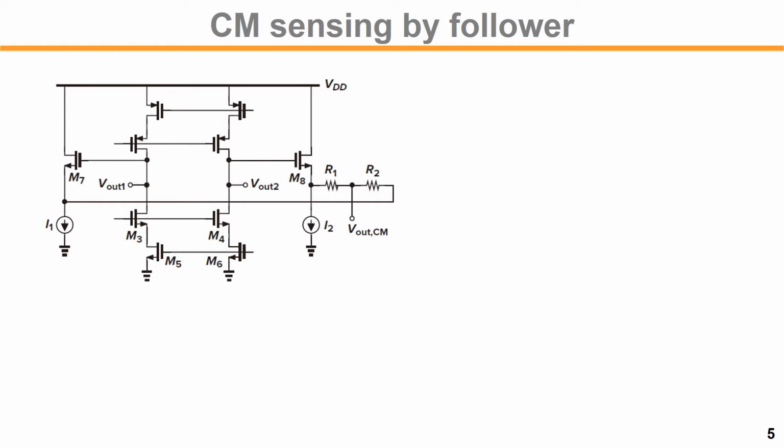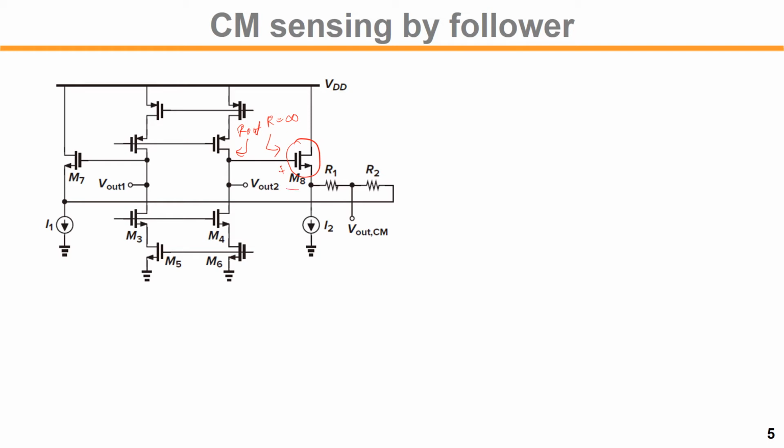In the previous example, the resistor implementation loads the output, so the output impedance Rout will be reduced. To remove the impact of the output sensing resistor, we used a source follower in this example. So the load is capacitive, the resistance is infinite, and we keep the Rout from the amplifier.